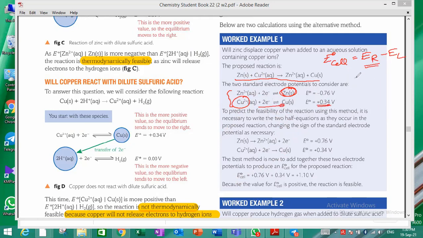So this is the E right, so it's plus 0.34, minus the one that loses electrons. The E left means the one that loses electrons, which is the zinc that loses electrons. So this is the E left. So we write minus 0.76, and then we add them together. It becomes 1.1 volt.